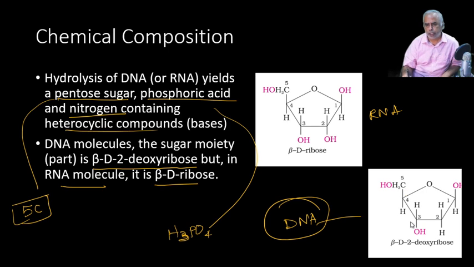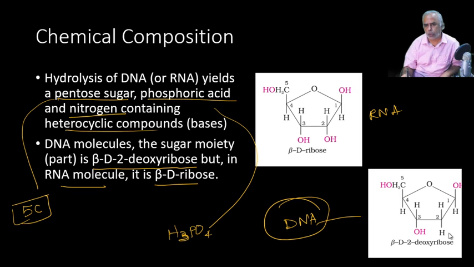We have identified this structure as a furanose, as we already know from sucrose and fructose, which we have studied. So similar to that, beta 2 deoxyribose means that you have OH, H here. Just compare the structures. What happened here?